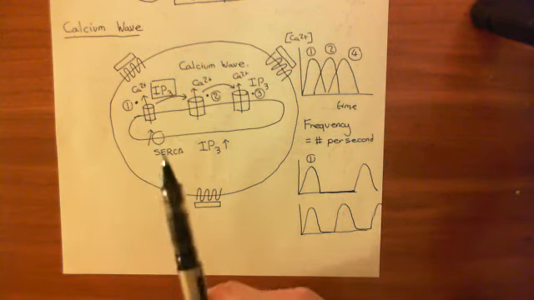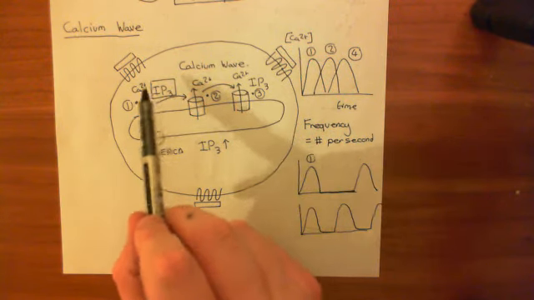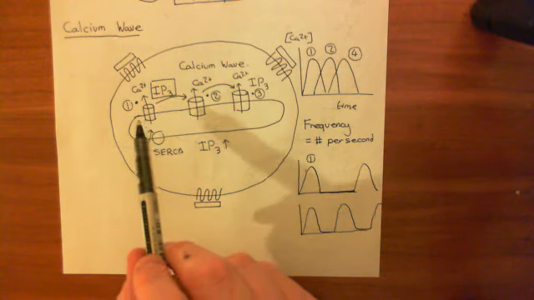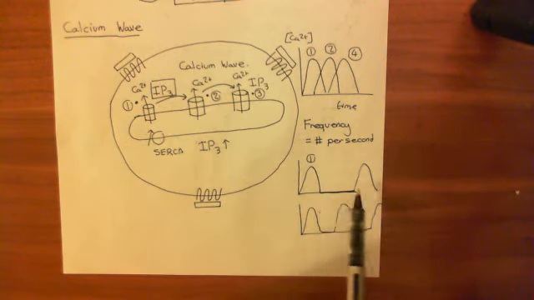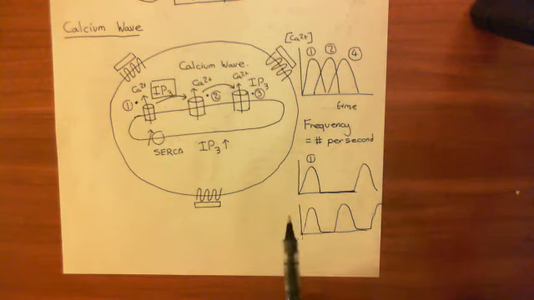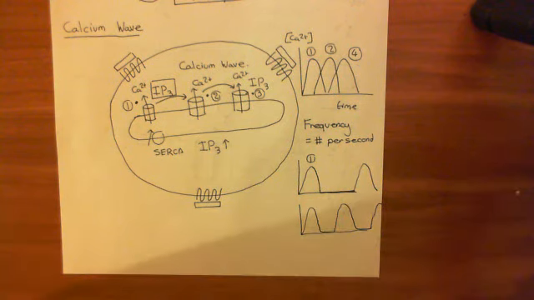Okay, but the mechanism by which IP3 concentration determines the time period between consecutive calcium waves is not understood, basically. But that's what a calcium wave is. Those are the three types of calcium signals that you can get from stimulation of the GQ pathway.